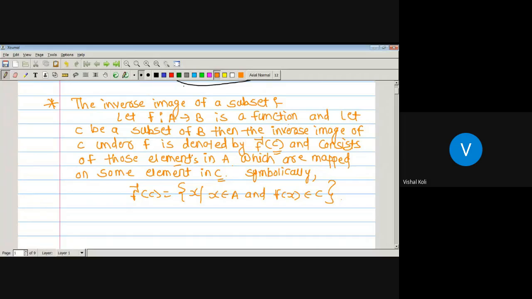Okay, so what is the inverse image of a subset? Inverse image of a subset means we have to take a subset of the codomain.